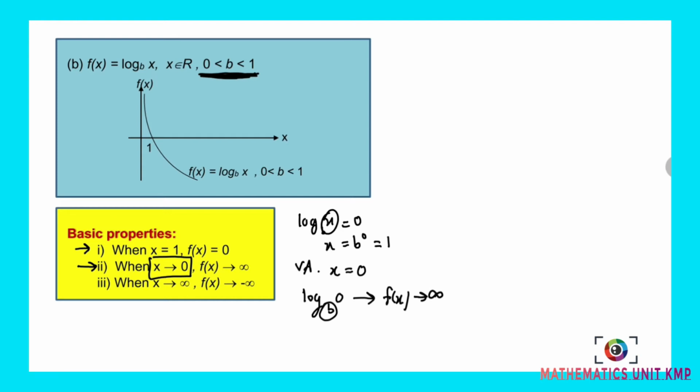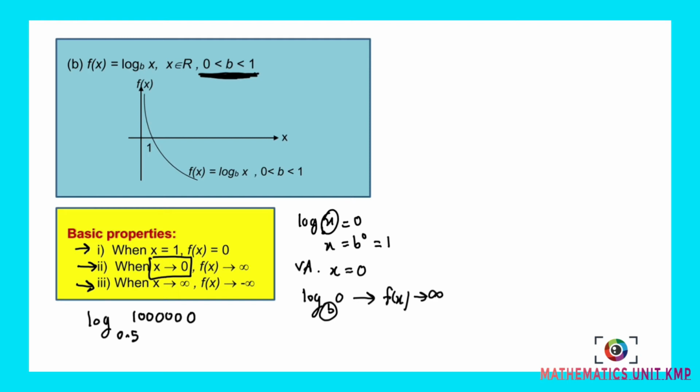Understand? And then the third step, when x approaching infinity, the value of y will be approaching to negative infinity. Okay, contohnya you ambil log 0.5 1 million. You calculate yourself, nilai dia terlalu kecil. Alright, so dia akan pergi ke negative infinity.